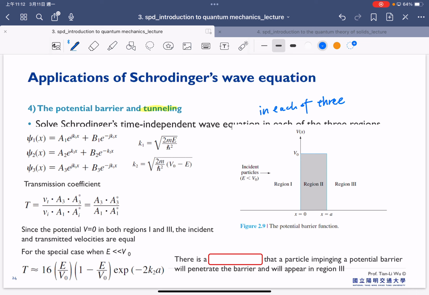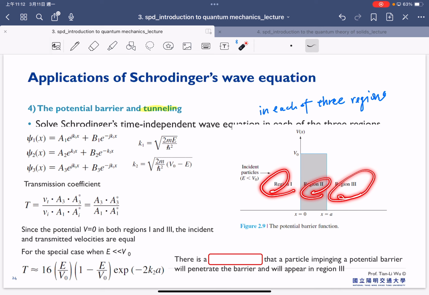As I already illustrated, we have the barrier only in region 2. So we try to solve the wave equation in region 1, region 2, and region 3 here. And the solution is shown here for region 1, region 2, region 3.